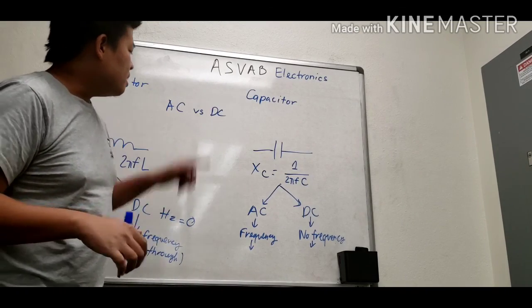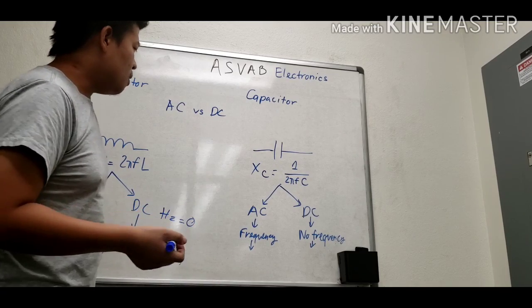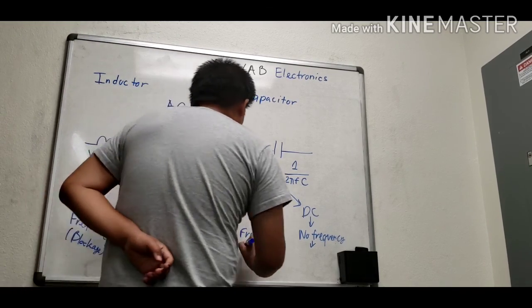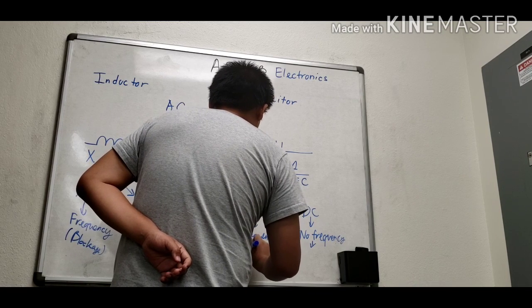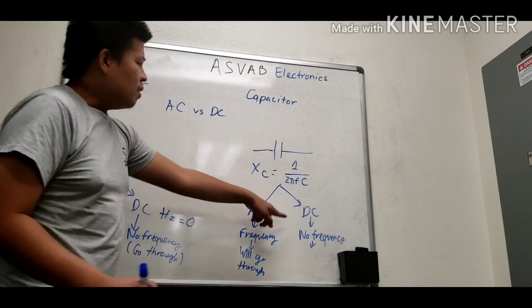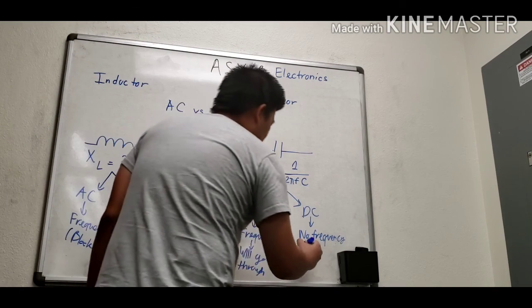On the capacitor, there's still the frequency, and this one is still blocked, but the power will go through. But they say they don't have the frequency, so they have to block it.